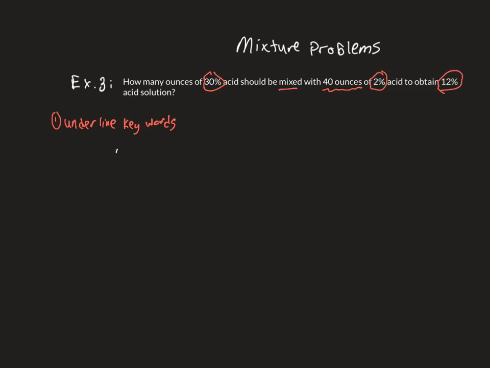So let's say this is my beaker. So let's say in this beaker right now, I already have 40 ounces of 2% acid. And they're going to be adding to it.